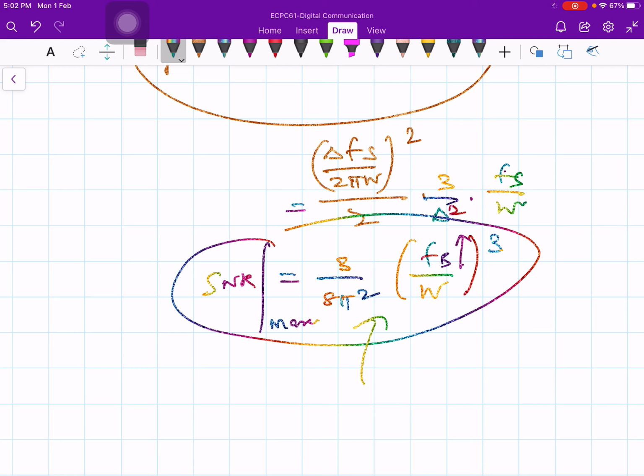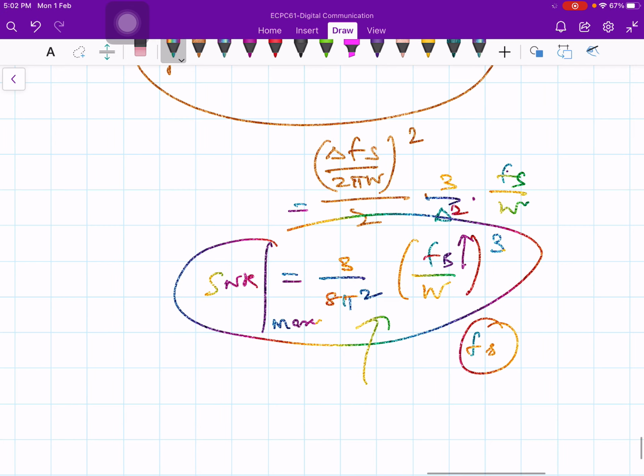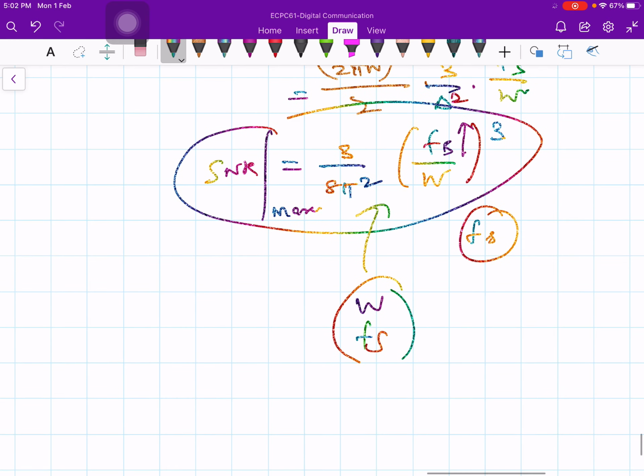It depends on the sampling rate Fs that you use, and the bandwidth W that you have for the signal. Therefore, SNR is directly proportional to Fs and inversely proportional to W.